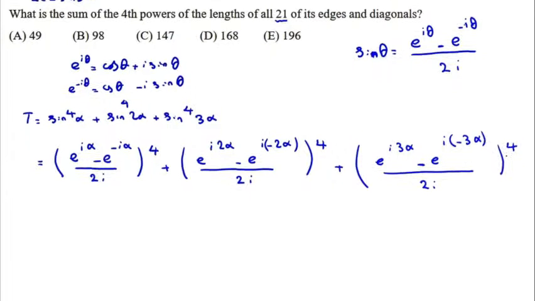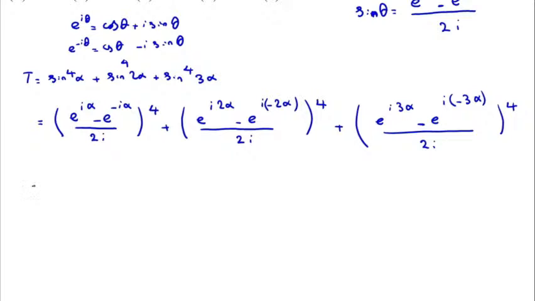I to the power of 4 is 1 because i squared is negative 1. So I can factor out 1 over 16 from each of them. Let's calculate. The first one is e.